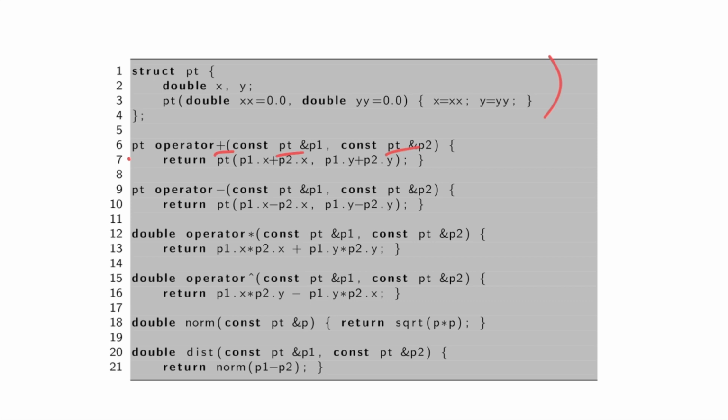So you see, when I do this, I can represent operations on points literally writing exactly what I write mathematically. The same can be done for subtraction, for the scalar product, the cross product, the norm, and the distance. So the norm and the distance return real numbers, as do the cross product and the scalar product.